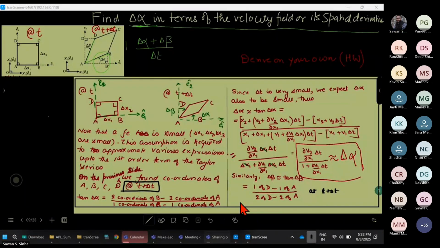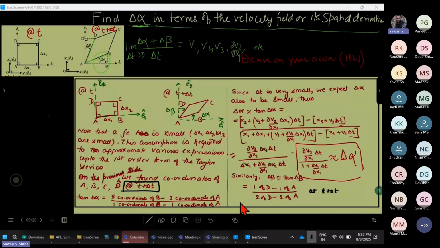So in terms of v1, v2, v3 or its derivatives, that's what I want to do.